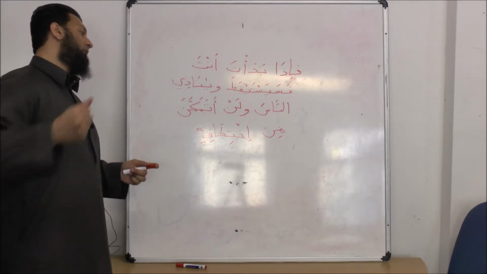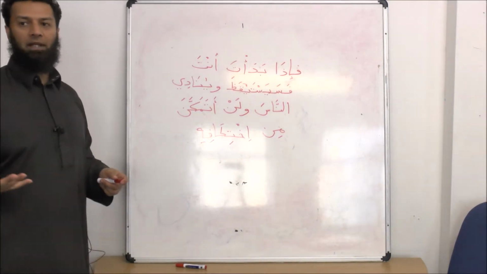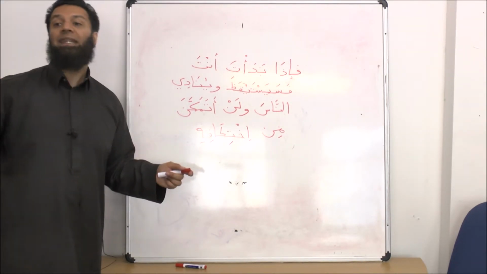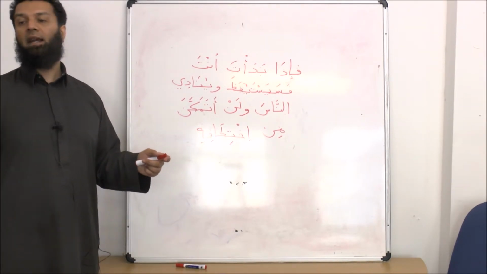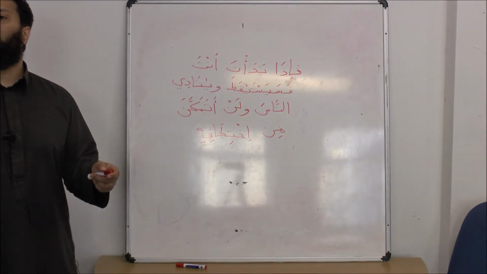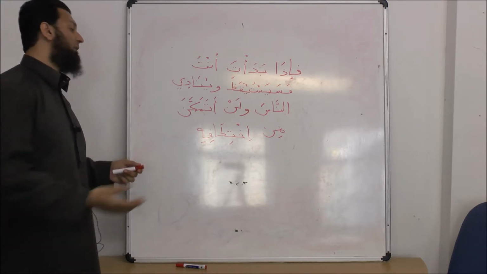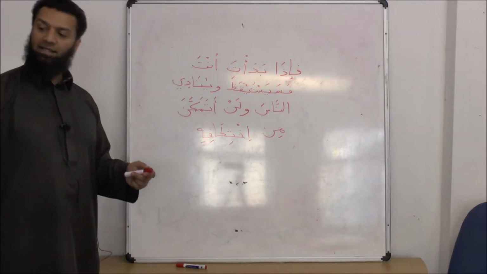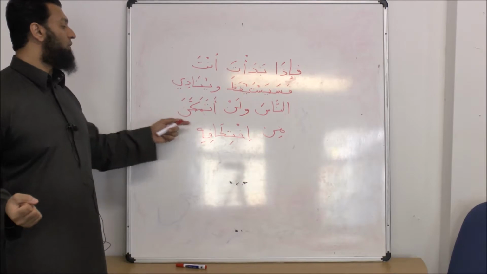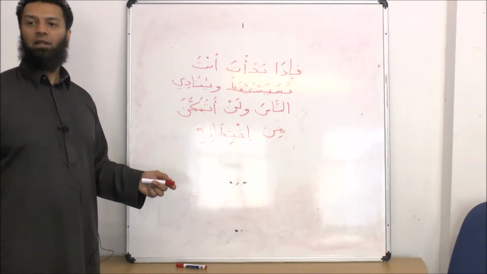Snatching or kidnapping. اختطافه, his kidnapping. There's another word you mentioned last time for kidnapping. No, that was اختطف. That was a verb. This is a noun. His kidnapping, meaning I won't be able to kidnap him. Okay.